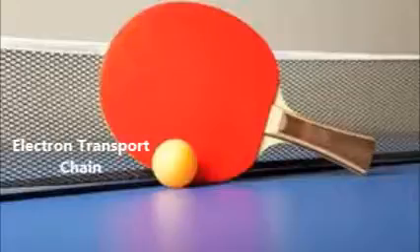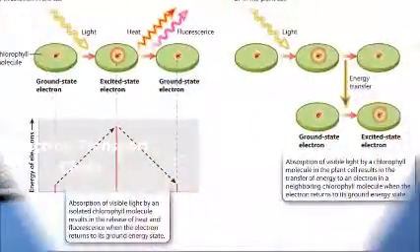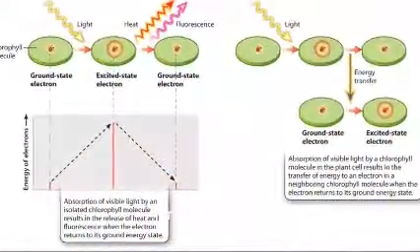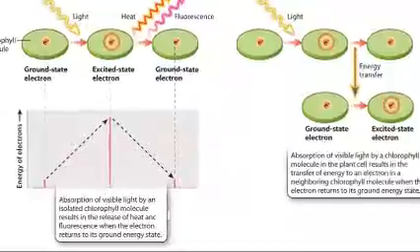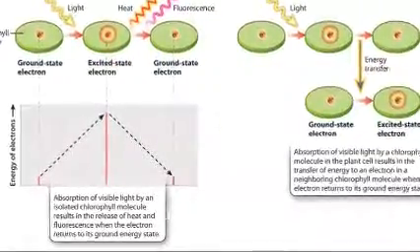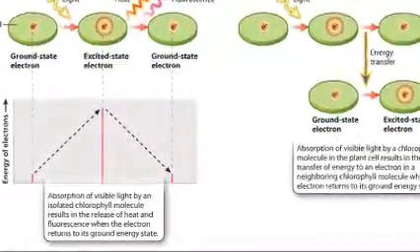The sunlight acts as the paddle that knocks the ball from one end of the table to the other, supplying it with energy and giving it its motion.